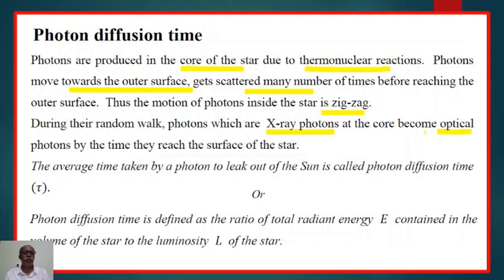The photon diffusion time is defined as the average time taken by a photon to leak out of the surface of the star.